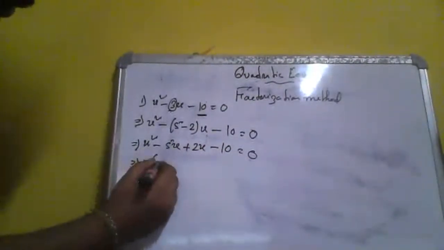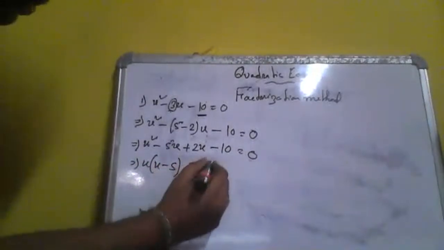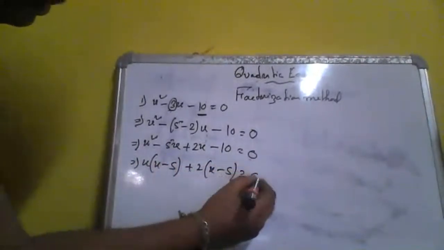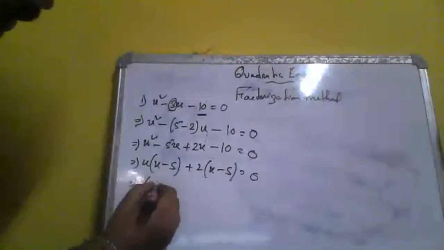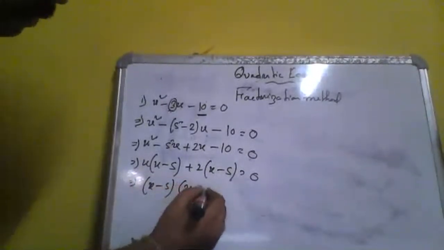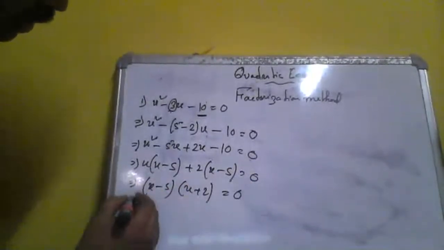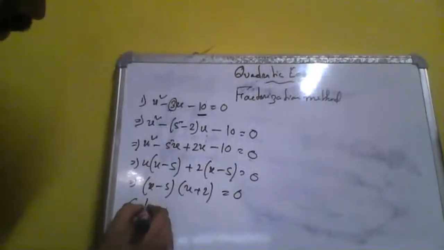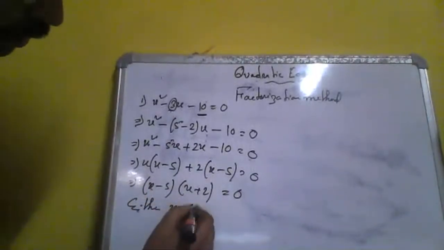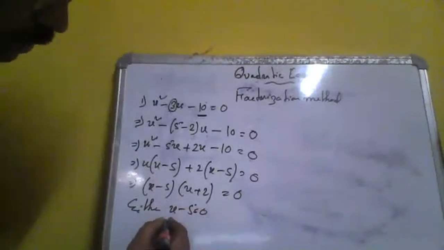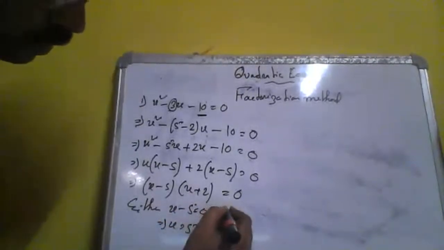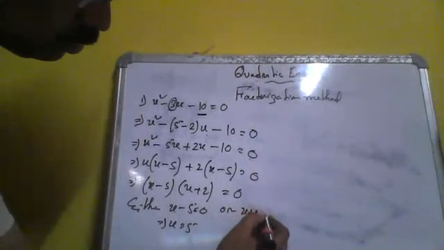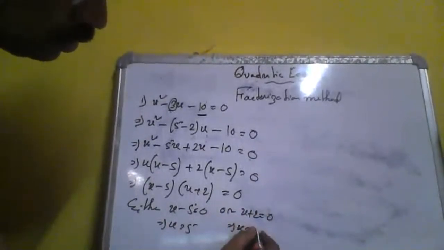That means x into x minus 5, plus 2 into x minus 5 equal to 0. That means x minus 5 and x plus 2 equal to 0. For a quadratic equation, the two roots are there. Write either x minus 5 equal to 0, that means x equal to 5, or x plus 2 equal to 0, that means x equal to minus 2.